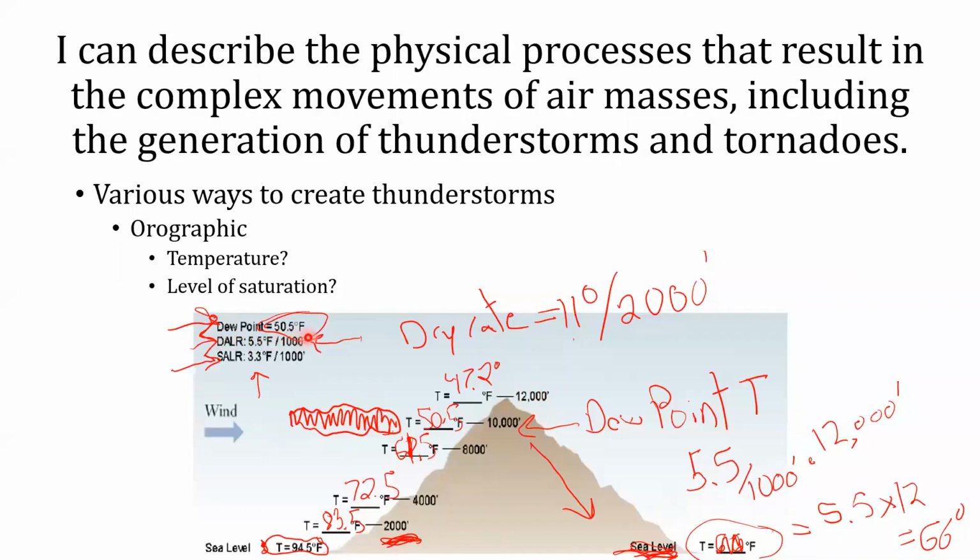So this is 5.5 degrees per 1,000 feet, and we have to drop by 12,000 feet. That is a temperature change of 66 degrees. And it's going to be increasing during that time. Falling air increases in temperature because it's getting compacted. And so there's a temperature change of 66 degrees, but we already started at a temperature of 47.2.